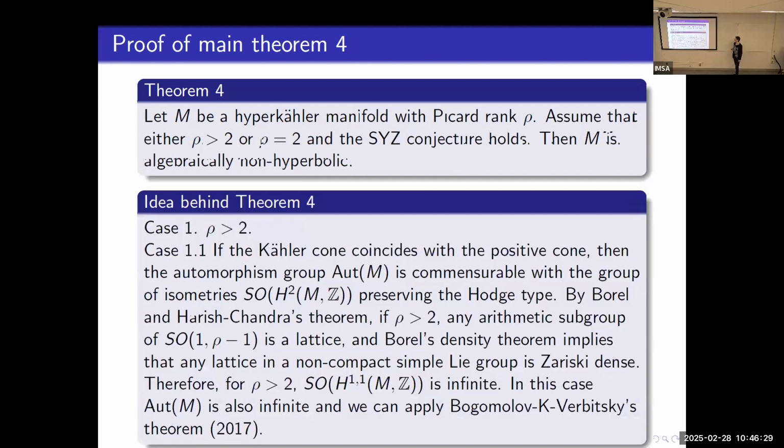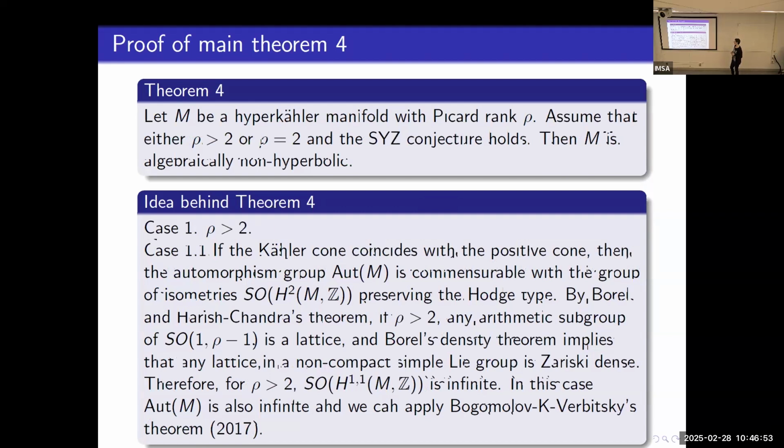Let's consider first Picard rank greater than 2, because we don't have to make additional assumptions here. We'll have two cases: either the Kähler cone coincides with the positive cone, which is the general case, or it's strictly less.